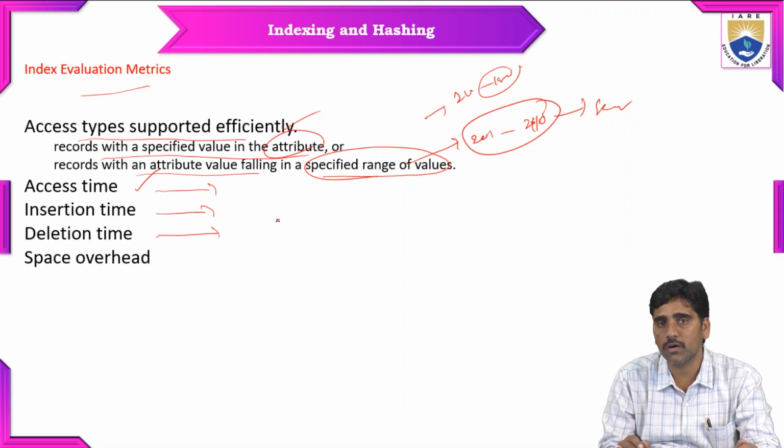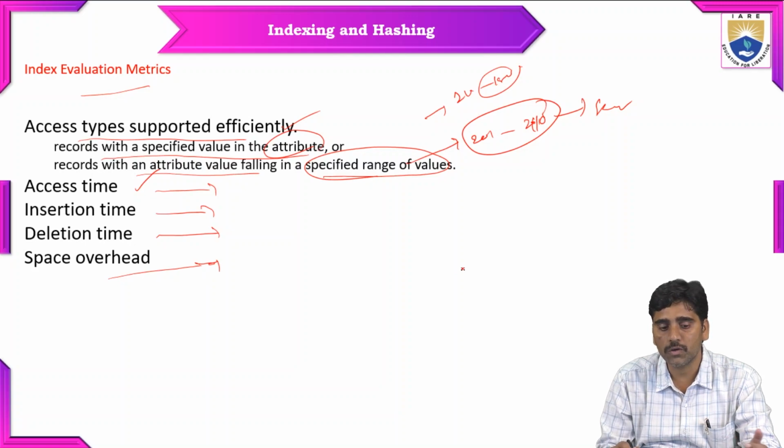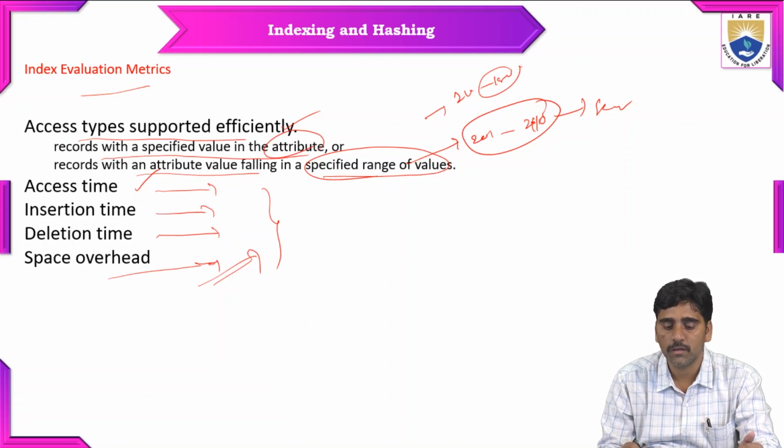And there is space overhead: unnecessary values are not inserted. So these are the metrics: to speed up access time, insertion time and deletion time, and to reduce the space overhead on the table in the database, we have to use this indexing mechanism.